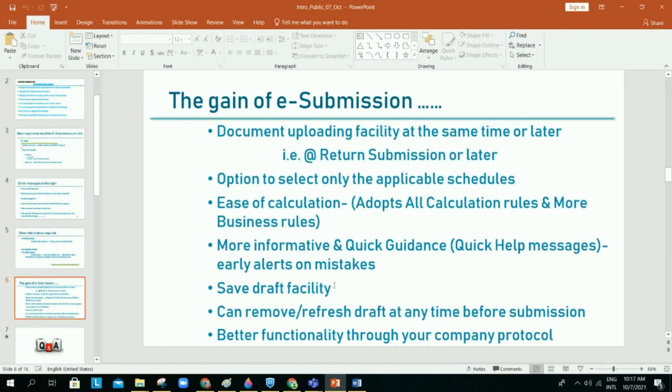Next, I have mentioned the save draft facility. With this save draft facility, you need not give all the inputs and submit the return at the same time. You can enter the inputs part by part. Fill one part and save it as a draft, and later on you can continue from that point onward.